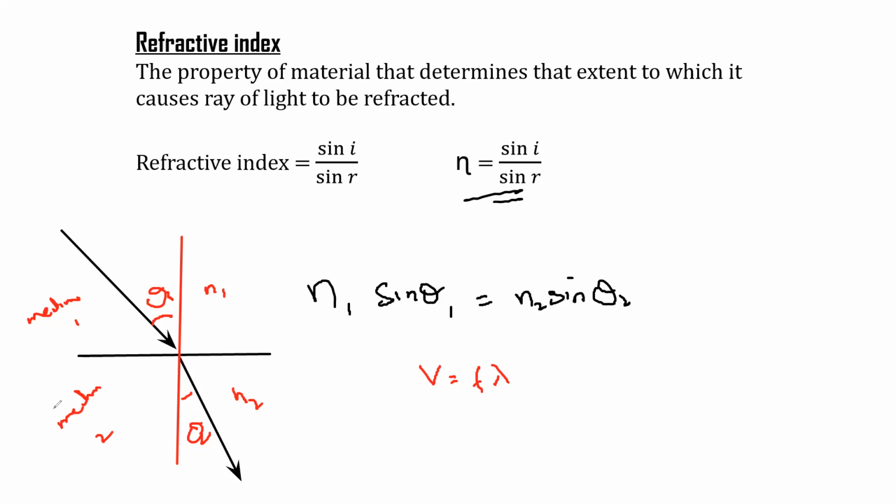If we say medium 2 is denser, meaning high density, and medium 1 is rarer, meaning low density, then when light enters a denser medium, the speed will decrease. And the opposite will happen. If the light is moving in a rarer medium, it will move faster, or it will have a higher speed.